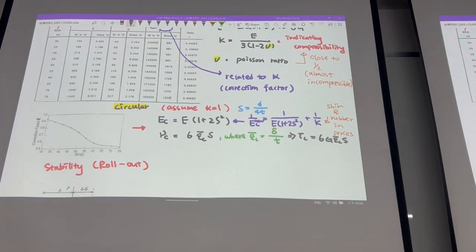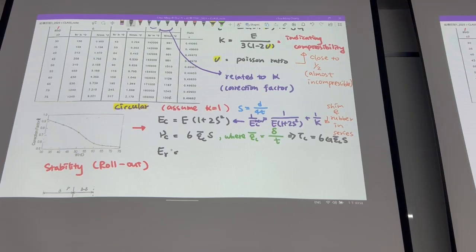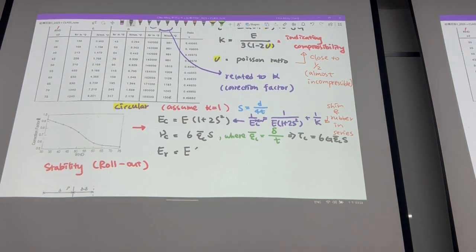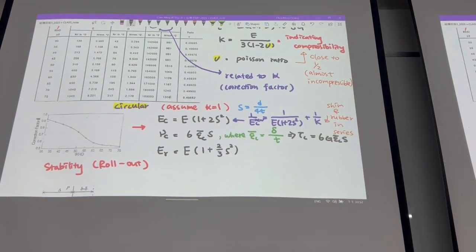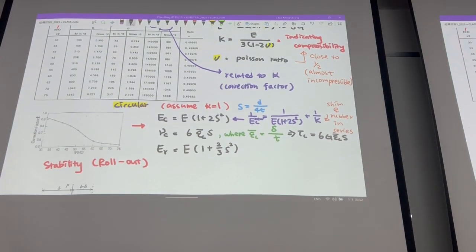And also the rotational, for a circular shape, then the coefficient here is 2/3.